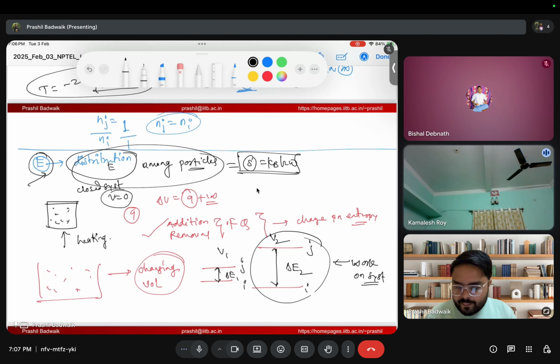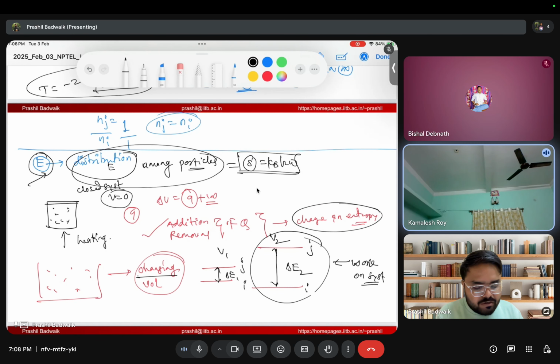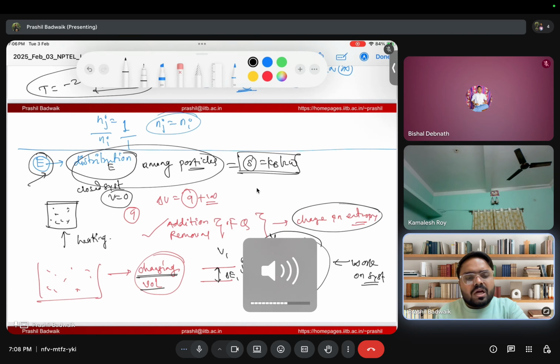So addition of heat will change the entropy. And if I do work, because I am changing volume, if I change the volume, that means I will have to do the work.